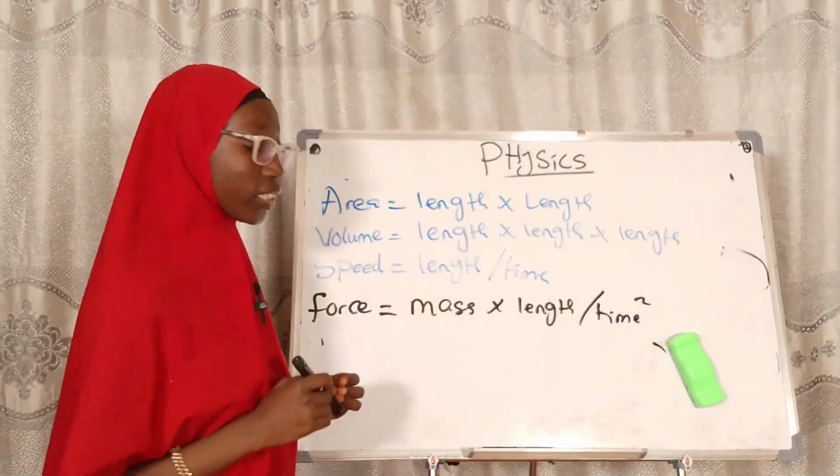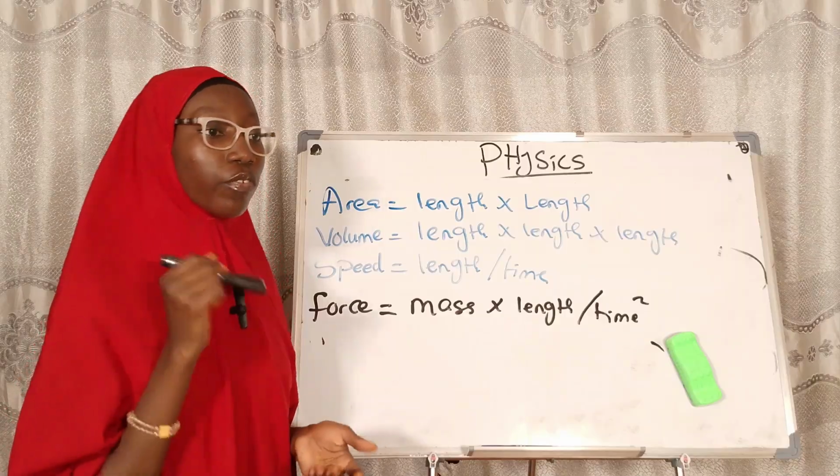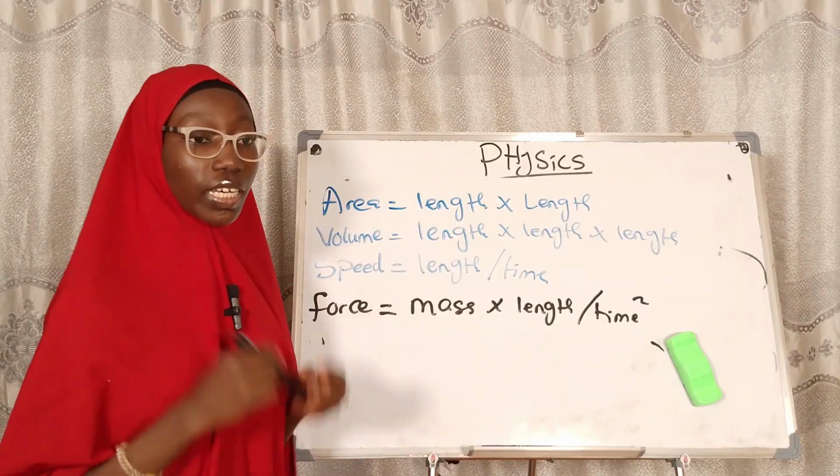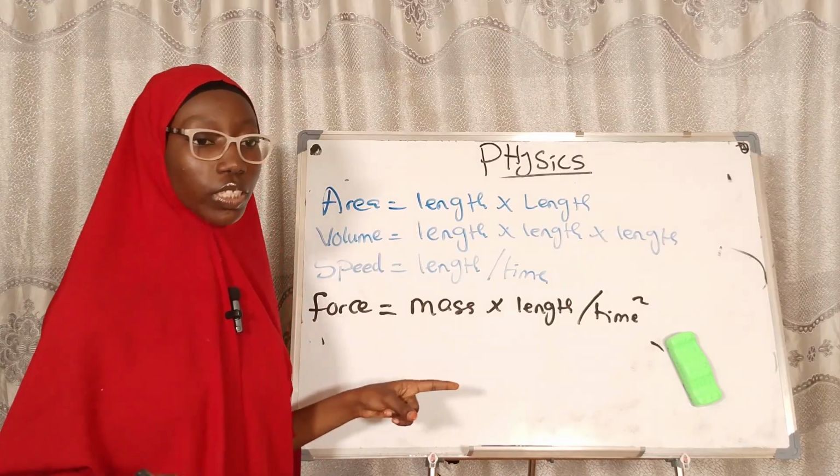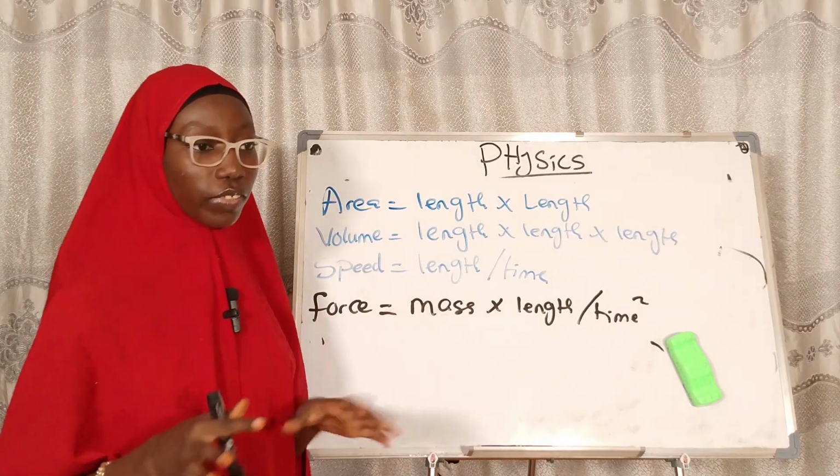This shows that length is a dimension, a fundamental type of physical quantity that helps describe the size of an object, the distance between 2 points, and the shape of the space we live in.